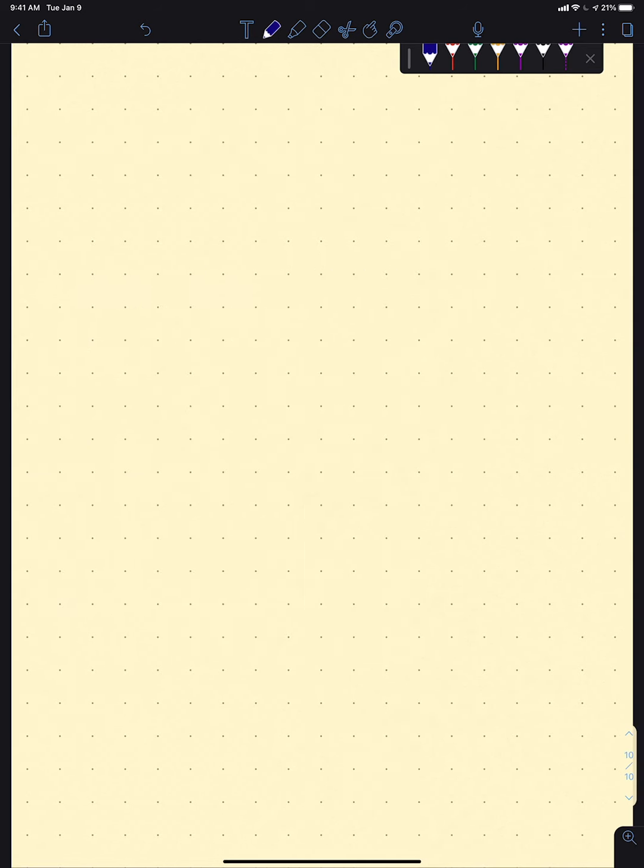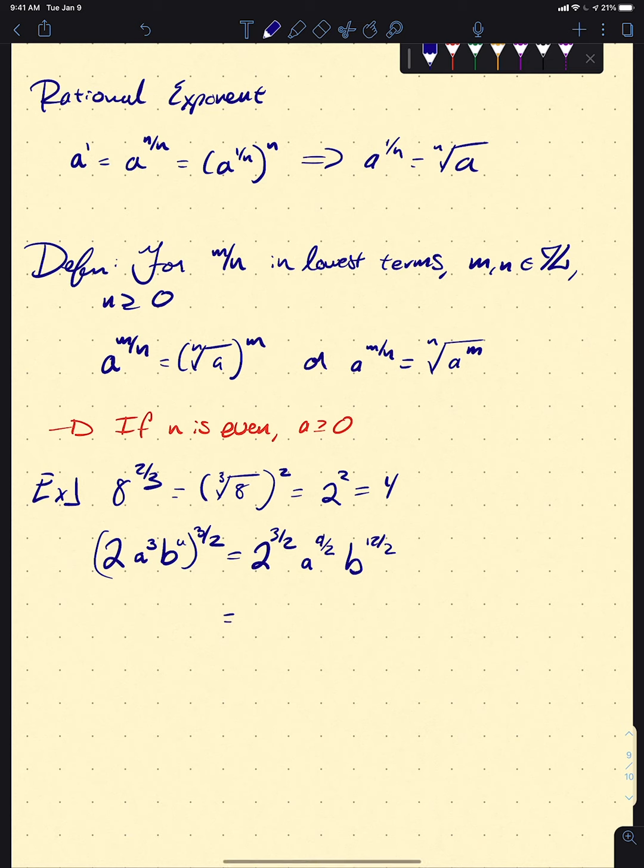Well, we can split this up and simplify this just a little bit, right? 2 to the 3/2 is 2 times the square root of 2, right? Because it's 2 times 2 to the 1/2. A to the 9/2, we'll just keep that as a to the 9/2, and 12 divided by 2, b to the 6th.